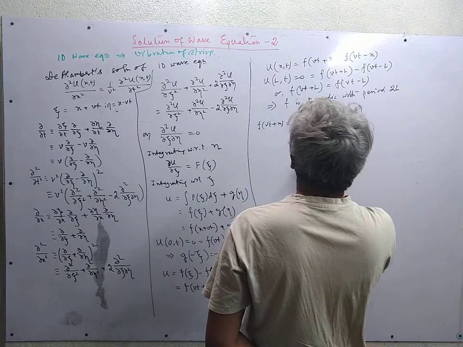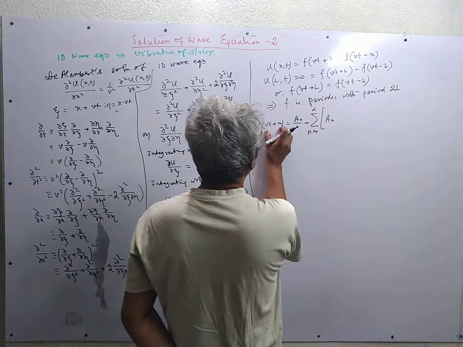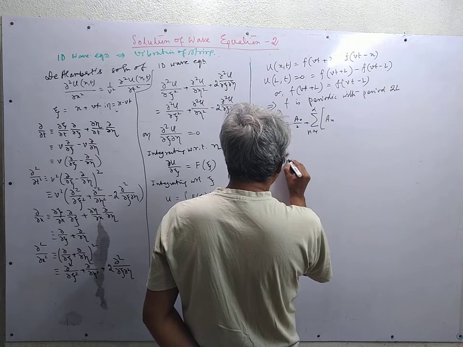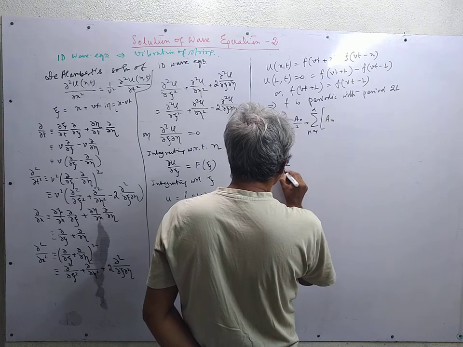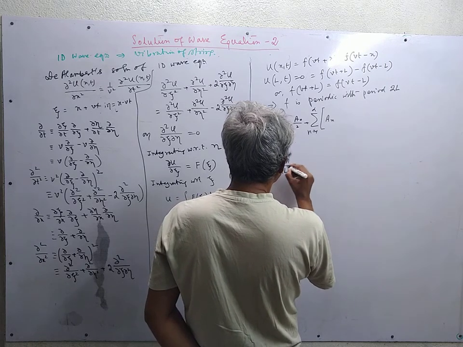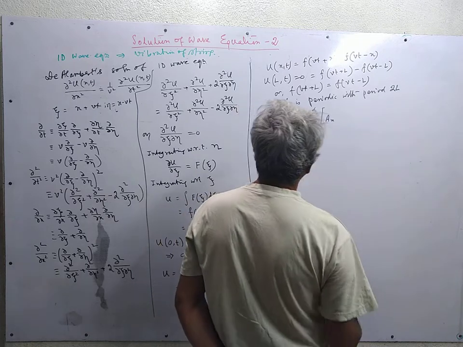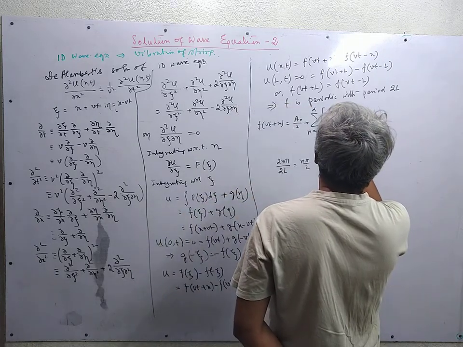This is an, and the argument is vt plus x for this, and time period 2l, so 2n pi by 2l. So this 2 cancels out, n pi by l is the argument.